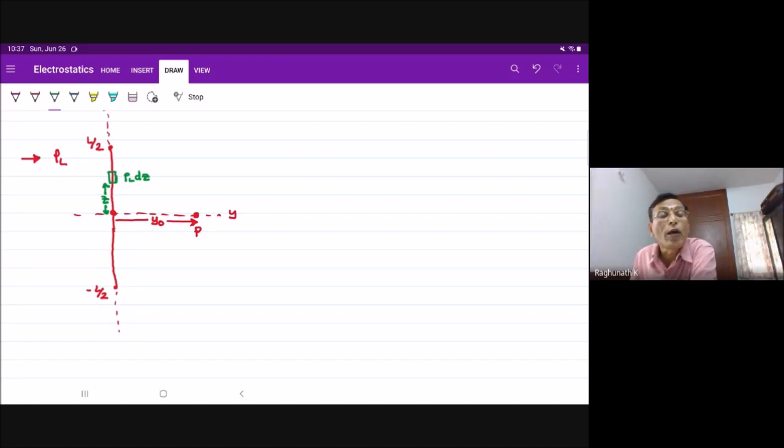At any 0, 0, z, because it is on the z-axis. This vector r bar is equal to what in this case?